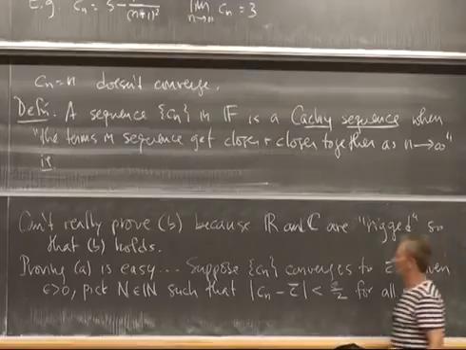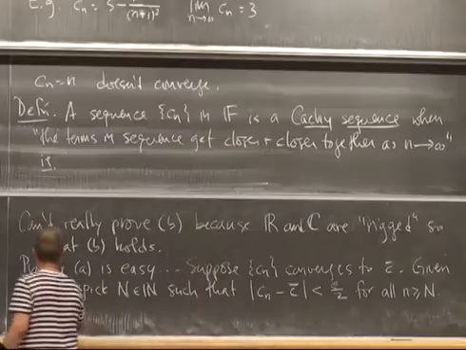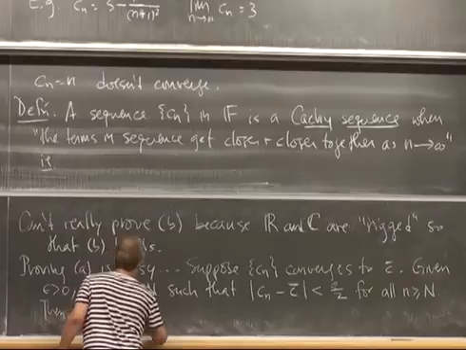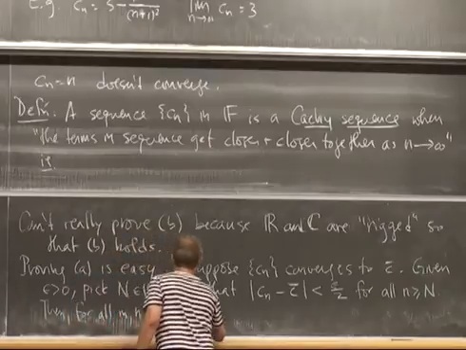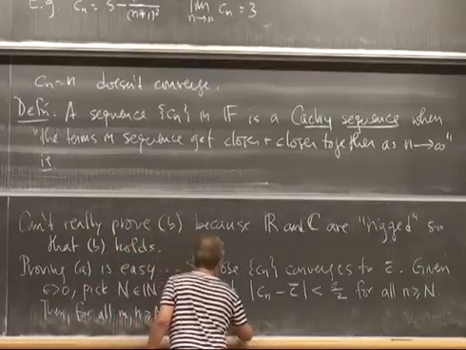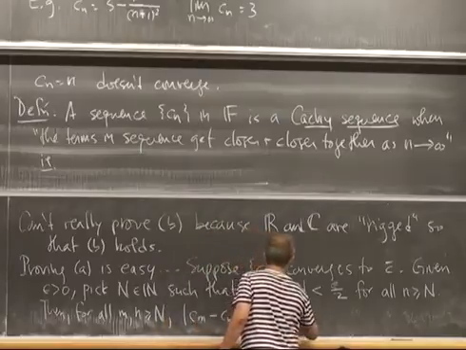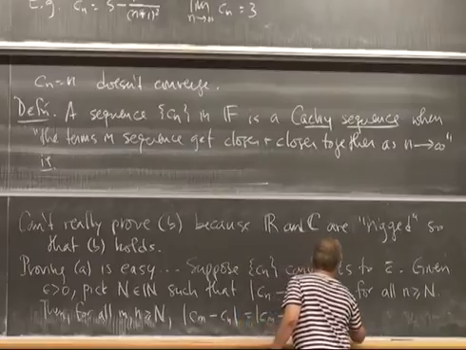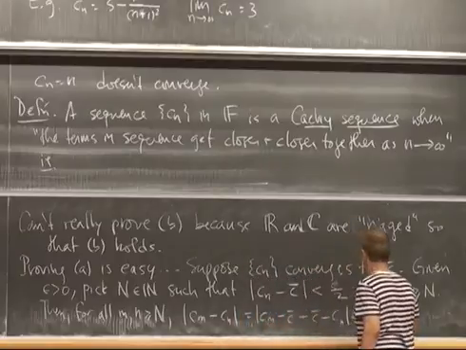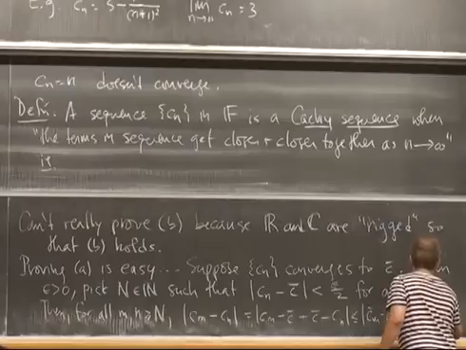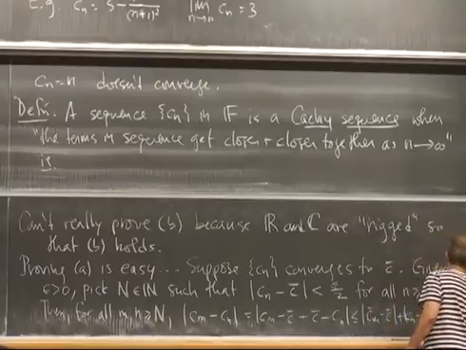Then, for any m and n bigger than capital N, the difference between Cm and Cn, which is the same as Cm minus C bar plus C bar minus Cn, by the triangle inequality is less than or equal to the distance of Cm from C bar plus the distance of Cn from C bar, which is less than epsilon over 2 plus epsilon over 2 equals epsilon.